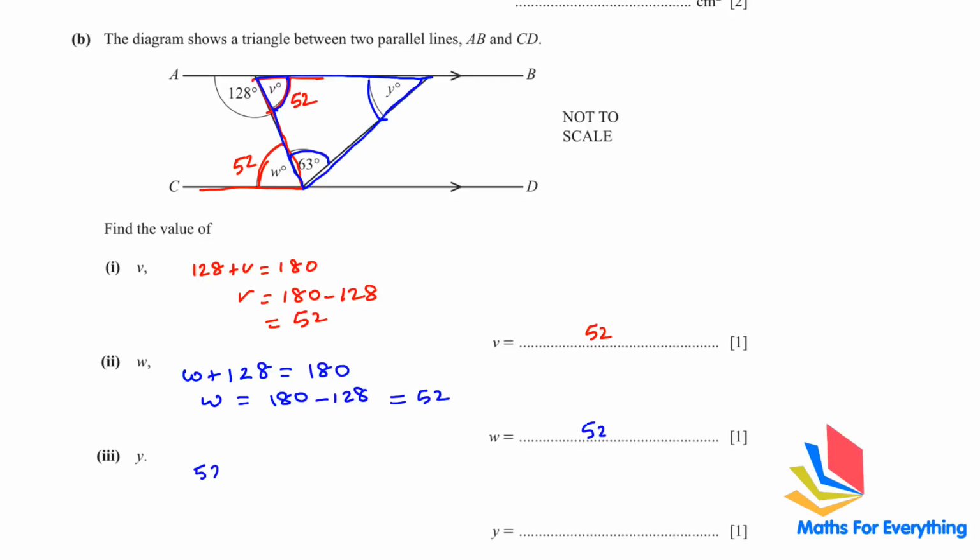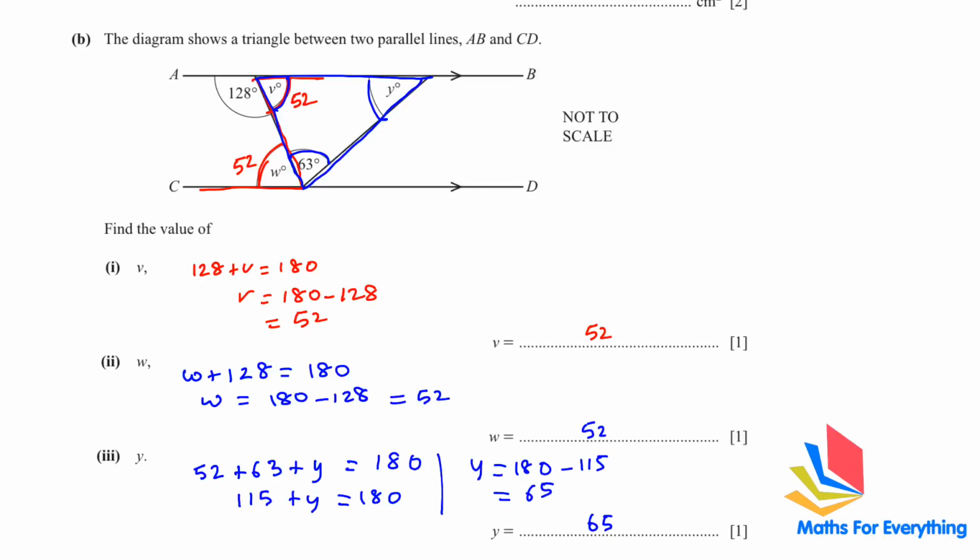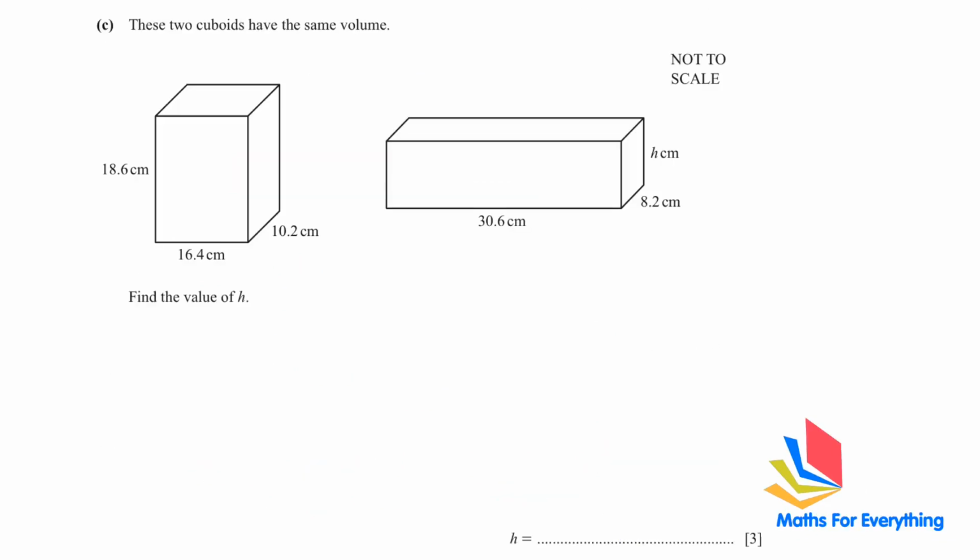So 52 plus 63 plus Y is equal to 180. 115 plus Y is equal to 180. Y is equal to 180 minus 115, which is 65. So the value of Y is 65.